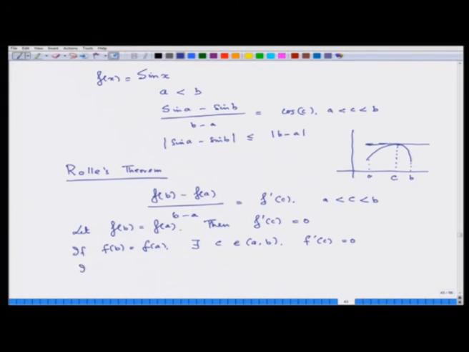Use the mean value theorem to show that if f dash x is equal to 0 for all x in ab, then f is constant on ab. I would leave you to work on this, it is just fun. See how by simple arguments you can get fantastic ideas about the nature of functions.